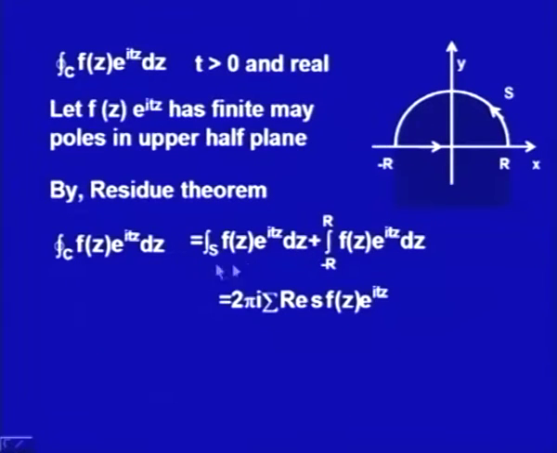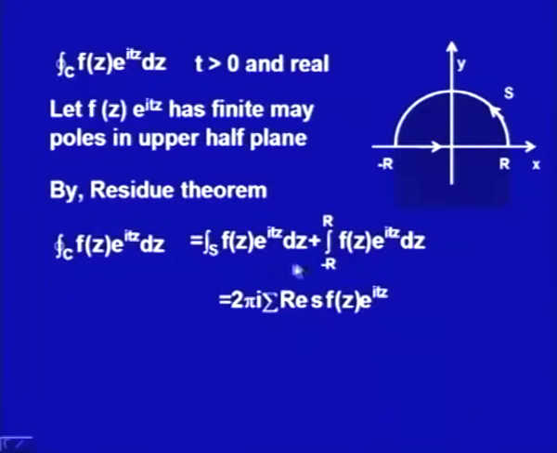Now, as in the previous method, here also we will show that when f(z) is of the form p(z) upon q(z) and the degree of q(z) is at least 2 higher than the degree of p(z), this integral along the semicircle would approach 0 as r approaches infinity.